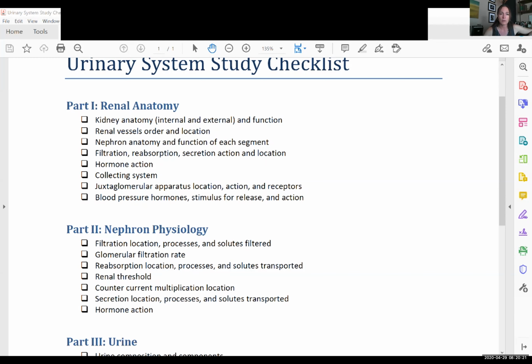And then before we move on to secretion, since I'm jumping back and forth between part 1 and part 2, I'm going to touch up on the glomerular filtration rate. That's back on filtration. On the filtration side, it's the rate of how effectively and how much volume the kidney is able to filter in a minute. That's what the glomerular filtration rate is.